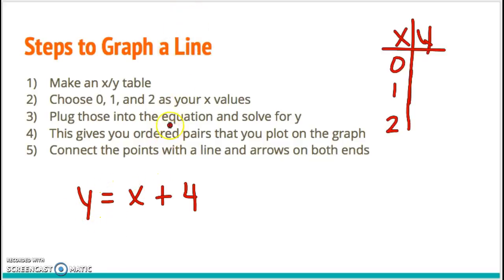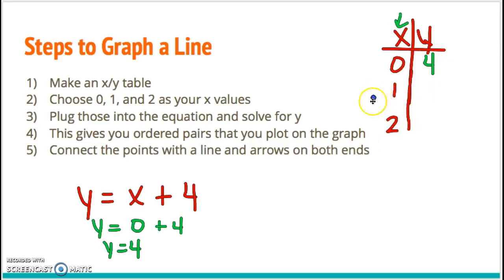So we plug each of these in for x. If I plug in 0 where the x is, I have y equals 0 plus 4. So my answer is 4. When x was 0, I got y to equal 4, so I wrote 4 right in there.